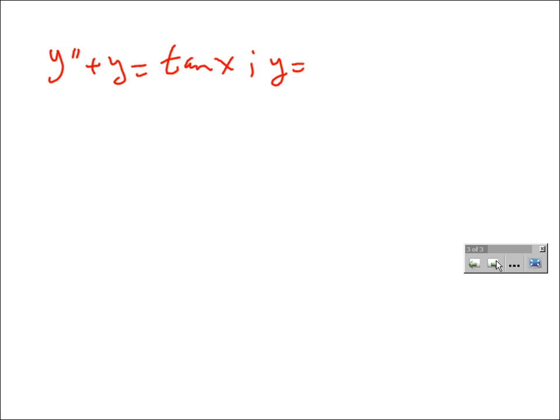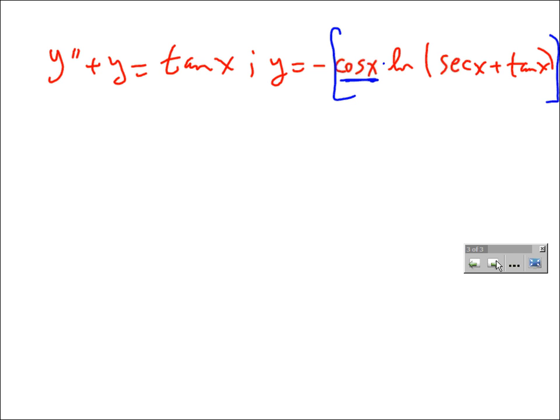And y is negative cosine of x times ln of secant x plus tangent x. So y is a product. I'm actually going to factor out that minus sign. y is a product. It's this function times that function.